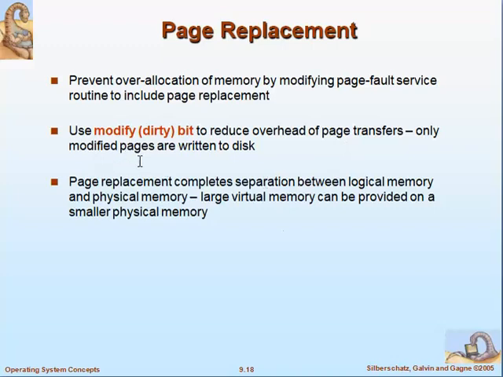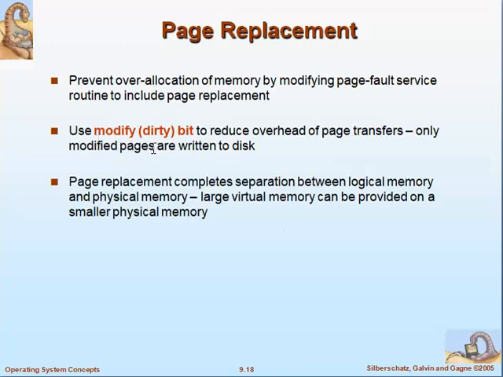What we can do is we can use an additional bit in the page table, which we call either the modify bit or the dirty bit. Using this bit, we can reduce that overhead of page transfer to a certain extent.